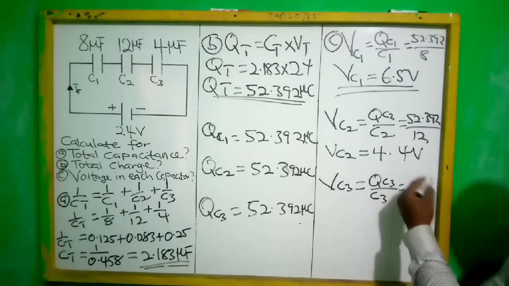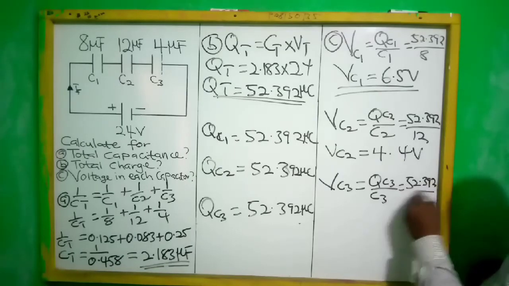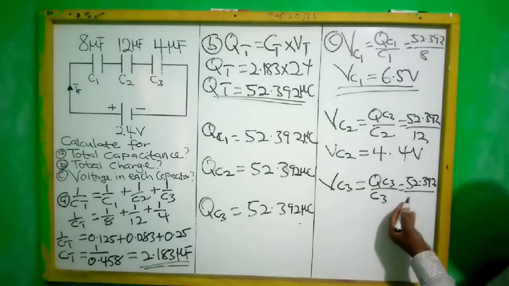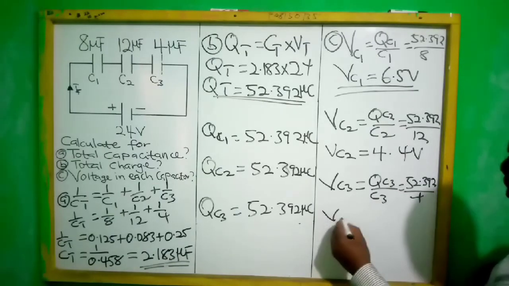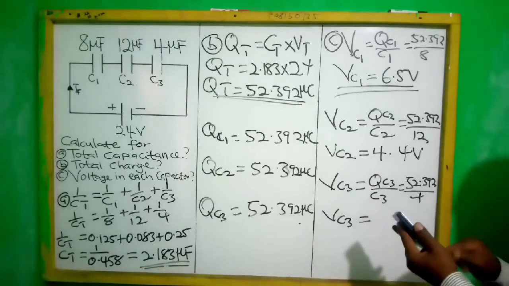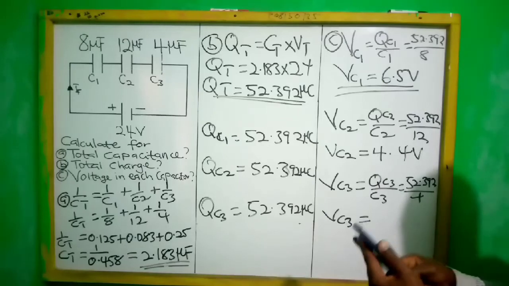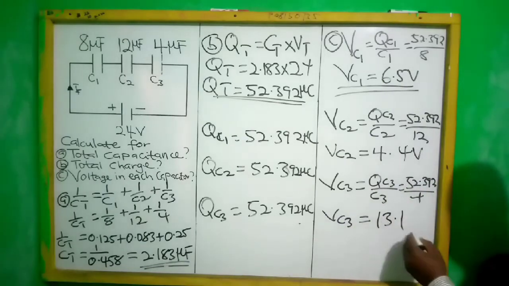And the voltage in C3 is the charge in C3 over C3. The charge in C3 is the same thing, 52.392. Just bear in mind that in series the same charge flows. C3 is 4. So the voltage in C3 is 52.392 divided by 4, which gives 13.1 volts.